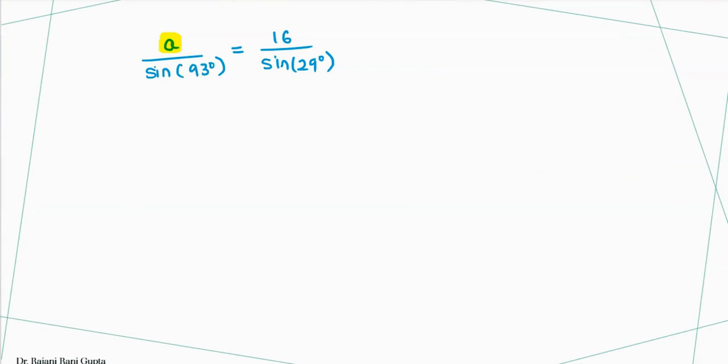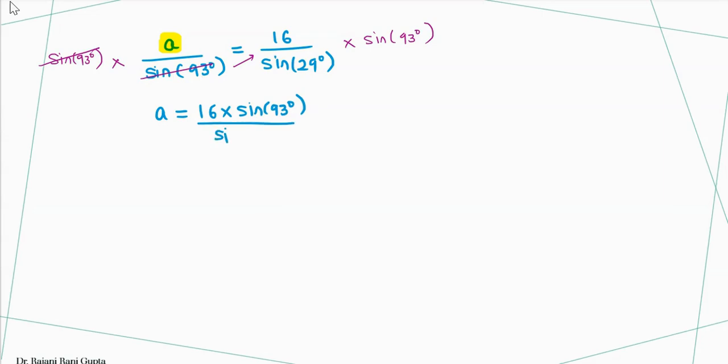So what you can do is cross multiply, or multiply both sides by sine of 93 degrees, so that from the left hand side the sine 93 gets cancelled. You can do it either way. So a equals 16 times sine of 93 degrees over sine 29 degrees.